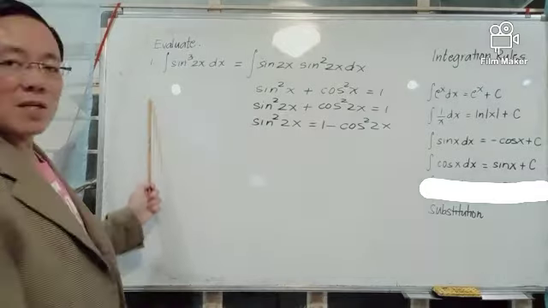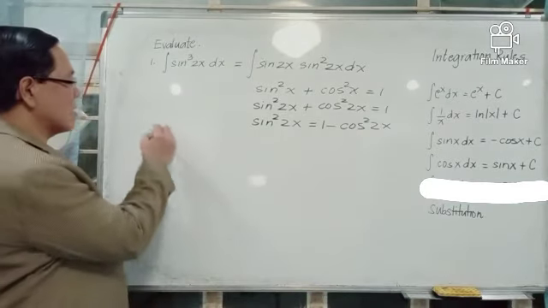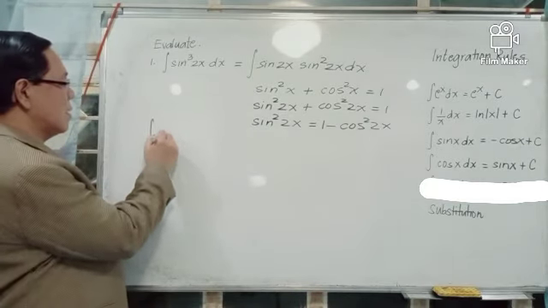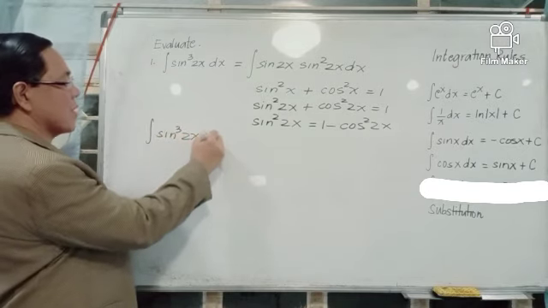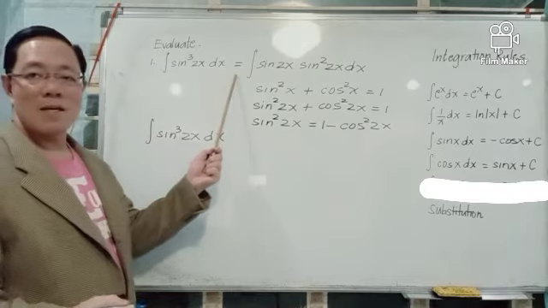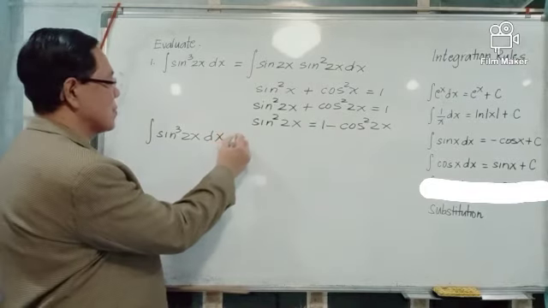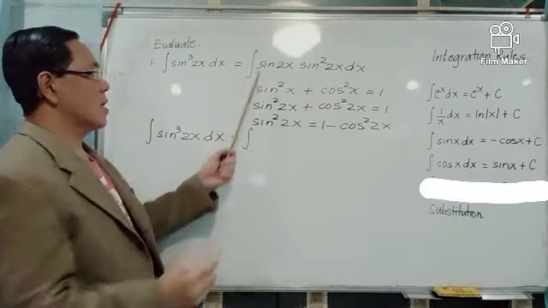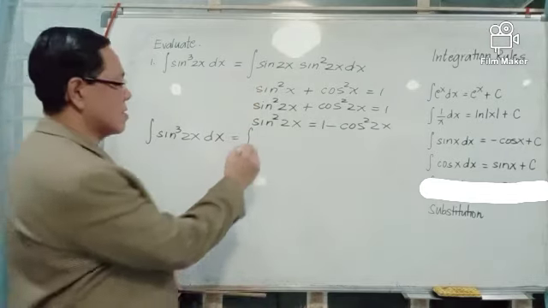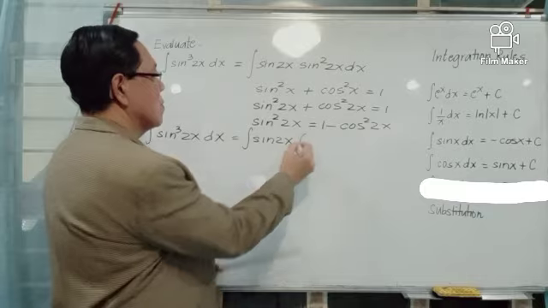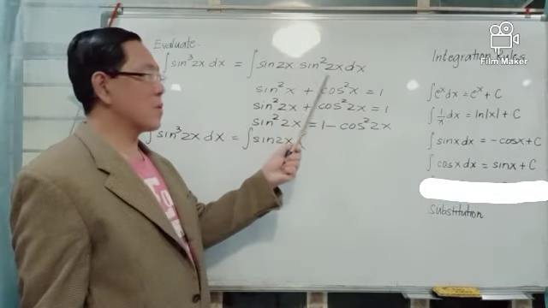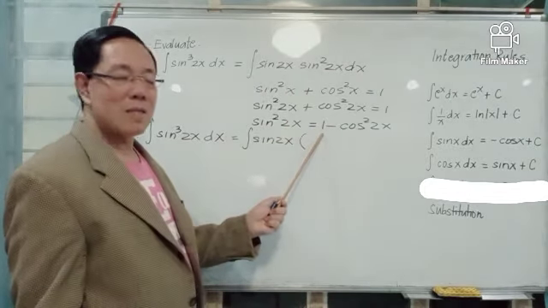Now, the given integral, the integral of the cube of sine 2x with respect to x is now equal to the integral of sine 2x multiplied by sine squared 2x, which is equal to 1 minus cosine squared 2x.